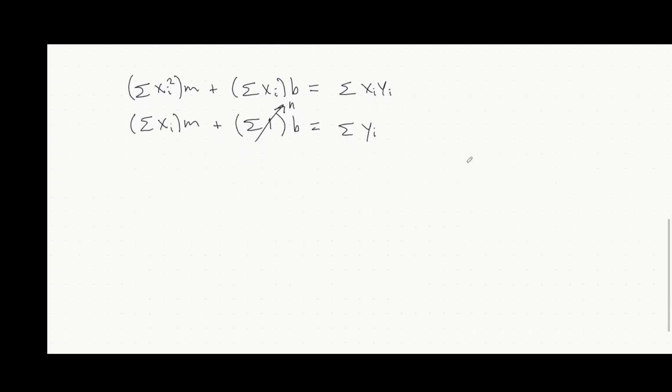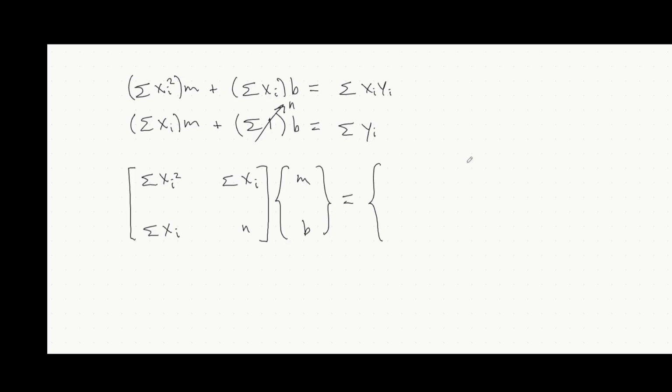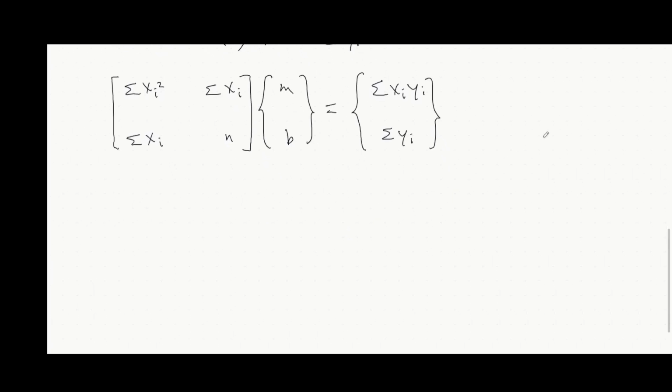So now we have a matrix equation times our vector m, b and our coefficient vector. And now we'll take the inverse of that matrix, and in a second we'll show that it is in fact invertible.